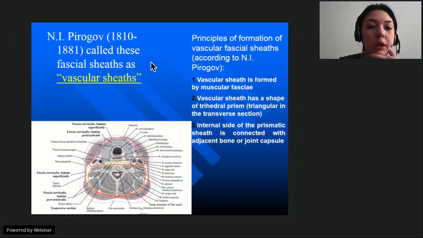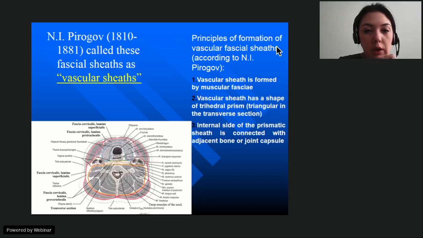This is the neurovascular bundle. They are surrounded by a common facial sheath, and Nikolai Ivanovich Pirogov, the great Russian surgeon, the founder of topographic anatomy, called this facial sheath the vascular sheath. So, principles of formation of the vascular facial sheath according to Nikolai Ivanovich Pirogov. You have to know it. First of all, the vascular sheath is formed by muscular fascia.